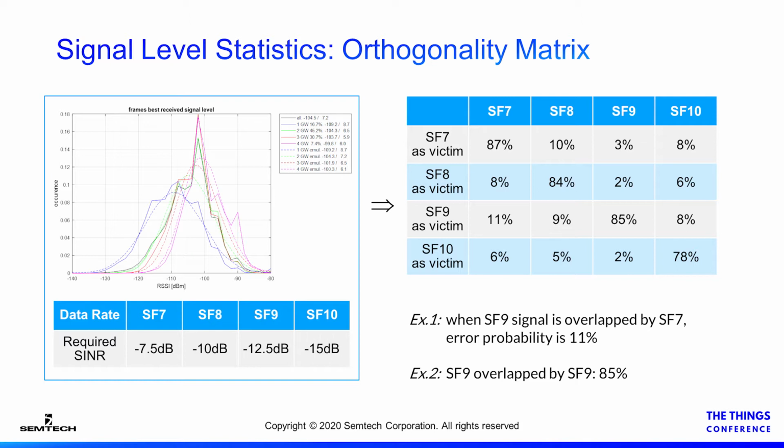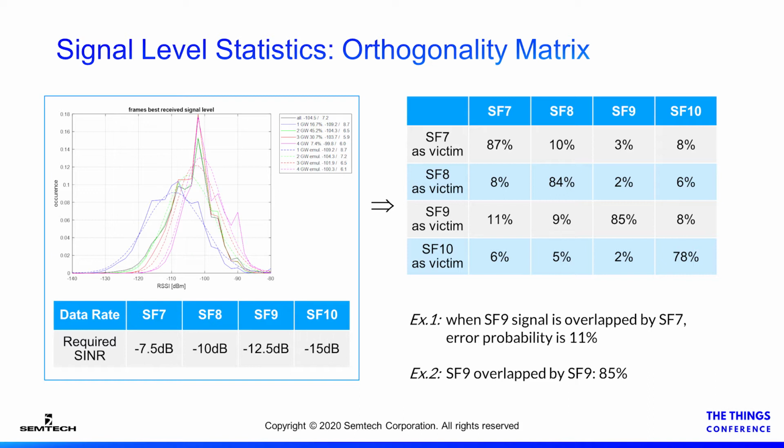Another example: if SF9 is overlapped by SF9, the probability of missing the packet is much higher, because the same data rate is not orthogonal to the same data rate. So you see that it's pretty high on the diagonal and pretty low on the non-diagonal terms. This expresses how much free of interference the data rates are relative to each other.